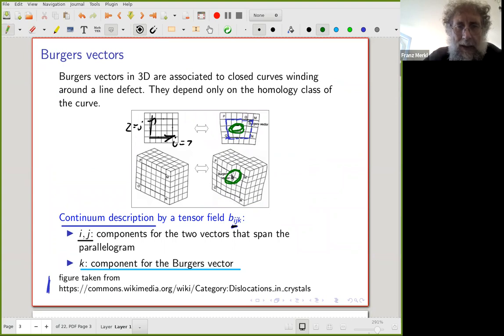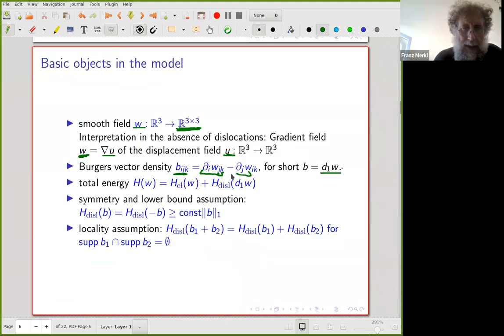This is a local energy, and this is modeled by a part of the Hamiltonian which is not described by linear elasticity. It's far from a small linear perturbation of the crystal. So this is a local part in the energy. It depends on the Burgers vector density, and I call this H dislocation, the local part.